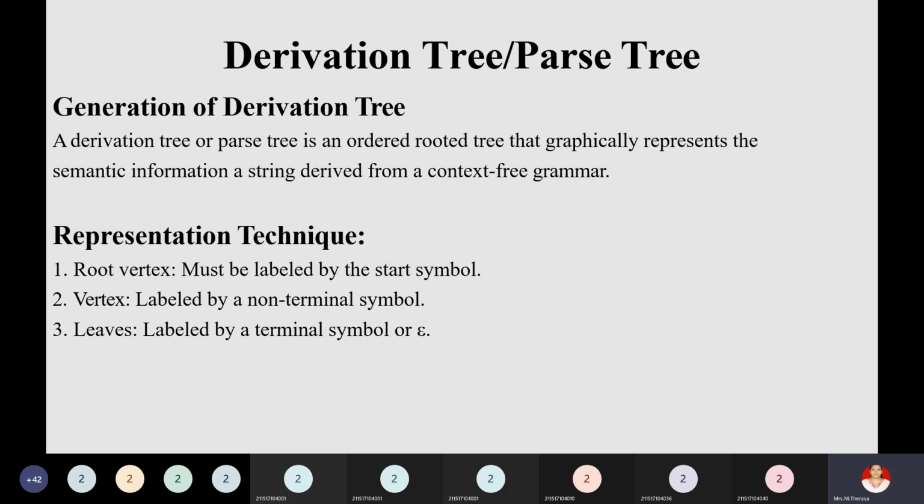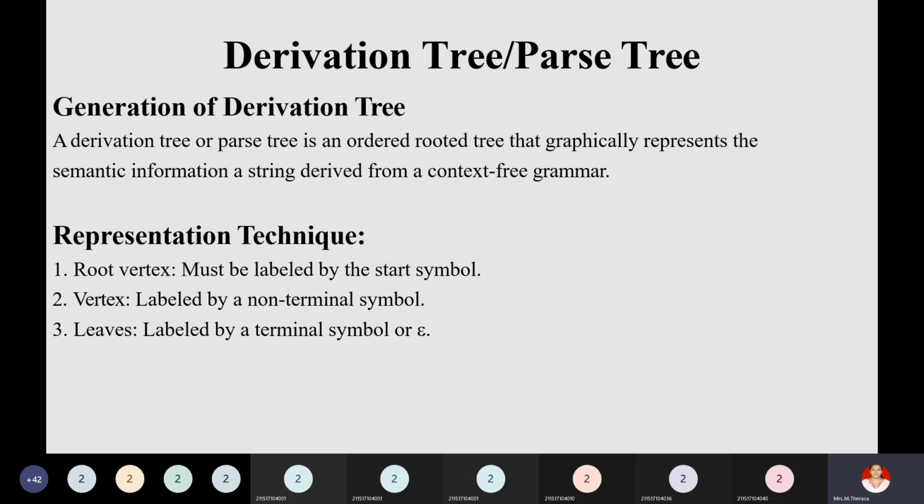So the generation of derivation tree. A derivation tree or the parse tree is an ordered rooted tree that graphically represents the semantic information of a string derived from a context-free grammar. So we can derive a set of strings from the context-free grammar.